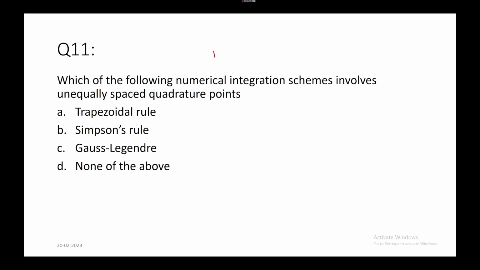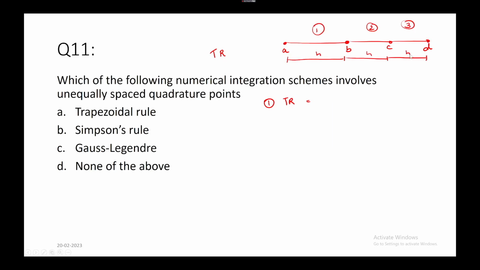For the trapezoidal rule, we have already discussed earlier. So you have an element a to b. This integral is dependent only on endpoints. Suppose we have a lot of elements, 1, 2, 3, and so on. For element 1, the trapezoidal rule is h by 2 into f of a plus f of b.